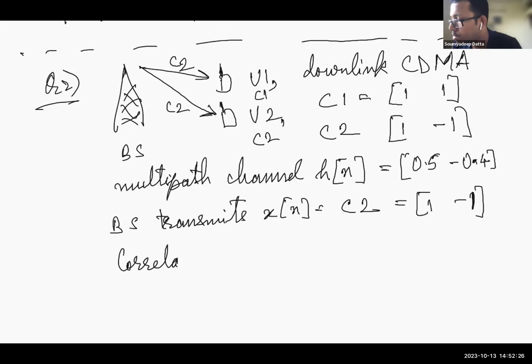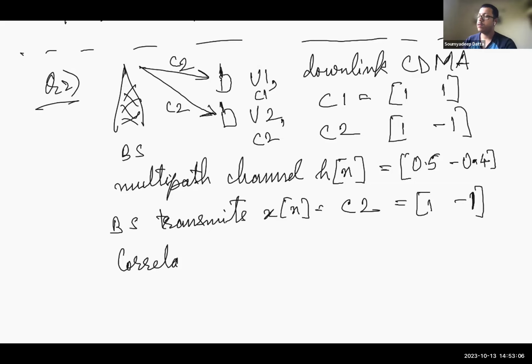Okay. And for user 2, what you'll have is y times C2 transpose. C2 is 1, minus 1. So same formula, 0.5, minus 0.9, 0.4, 0, and C2 is 1, minus 1, 0, 0. So this will give you 0.5 plus 0.9, which is 1.4.